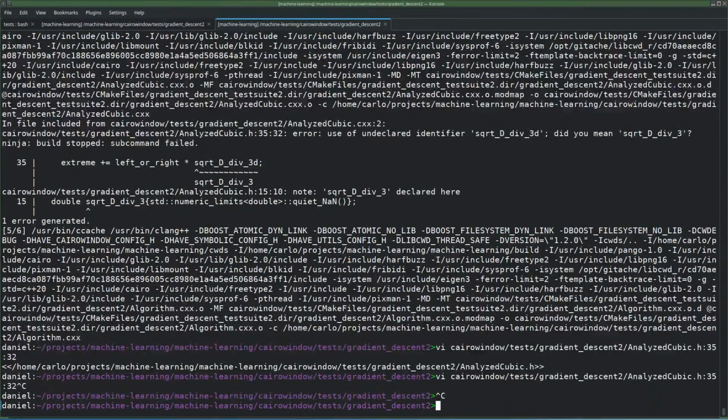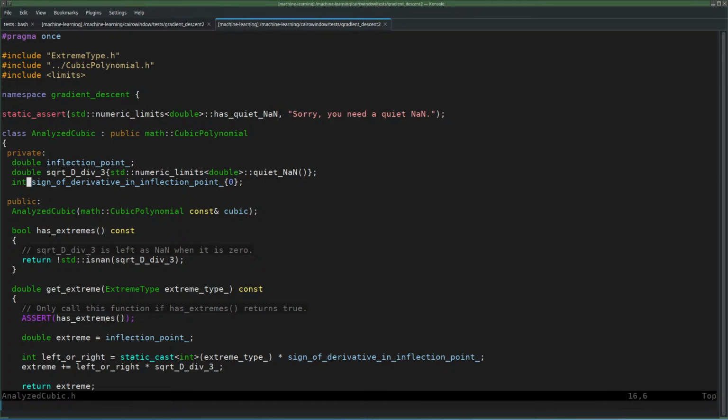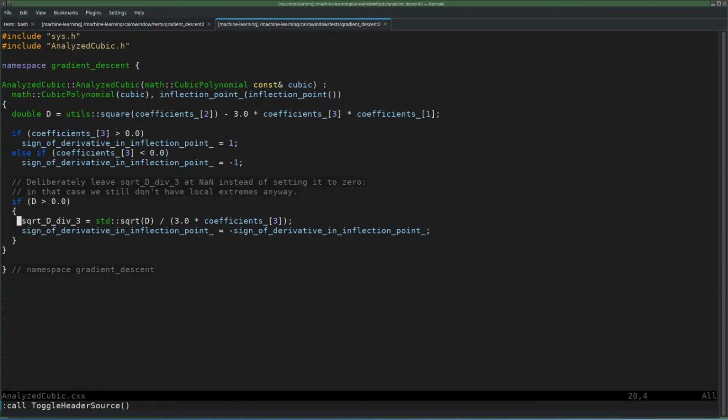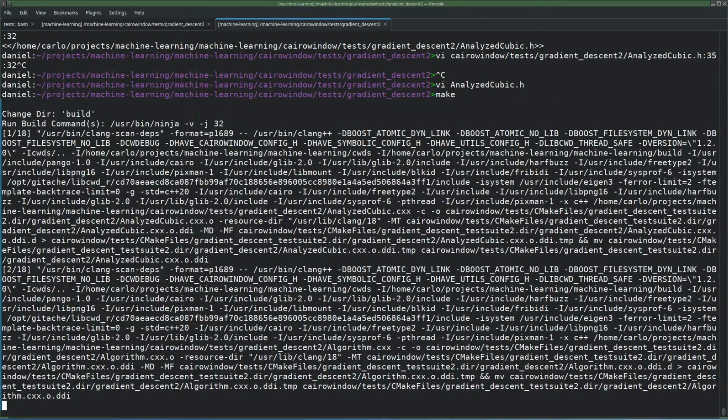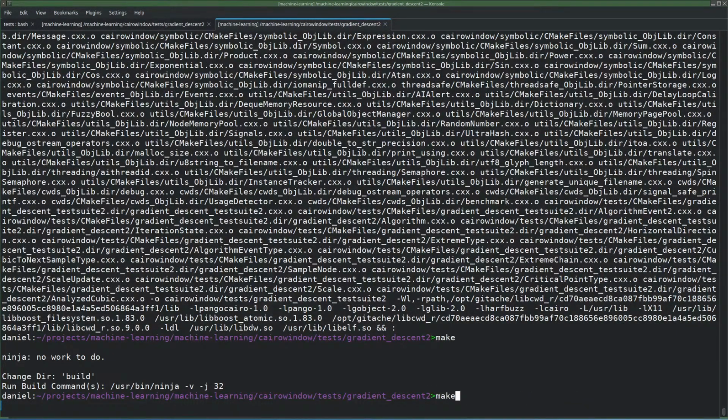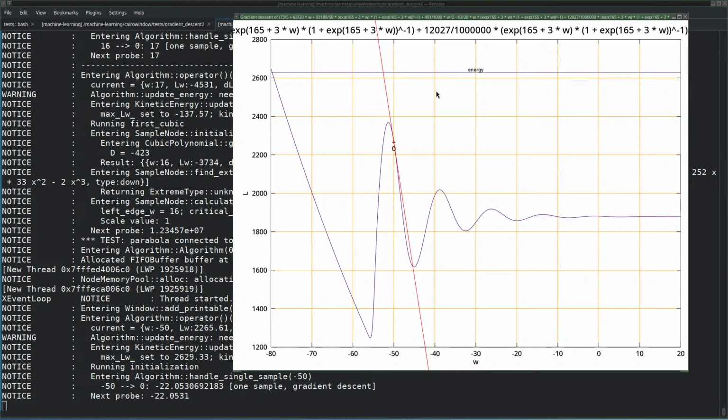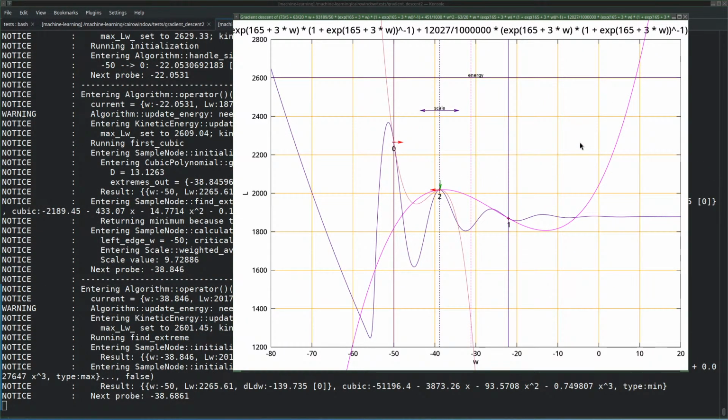What am I doing? It works again. Although before I saw the green arrow here, I think that stopped working.